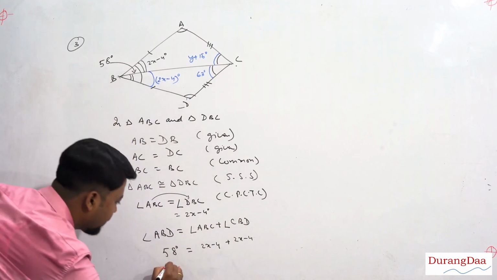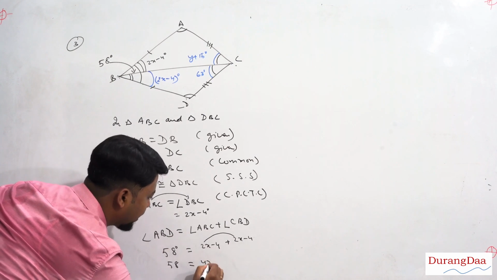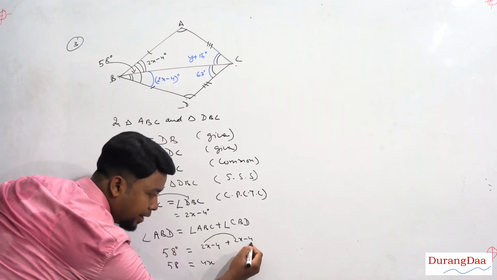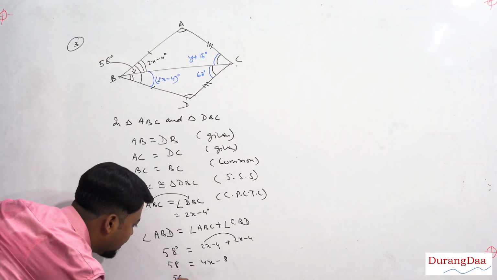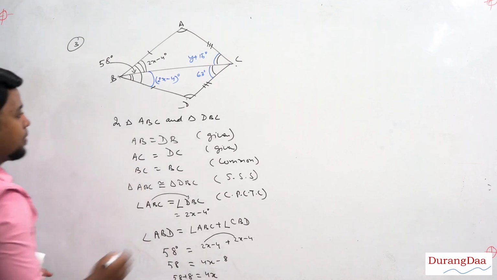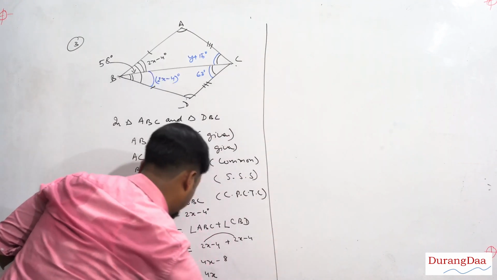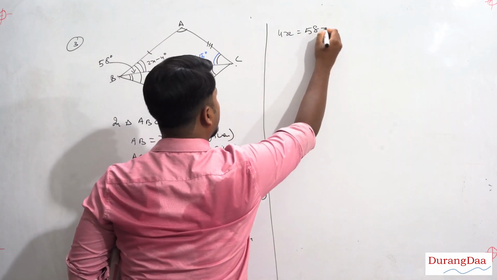Okay, solve it. So 58 equals 2x plus 2x would be 4x, minus 4 minus 4 would be minus 8. So this would be 58 plus 8 equals 4x. So we got here 4x equals 58 plus 8.